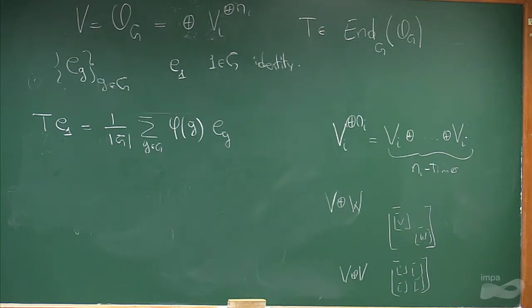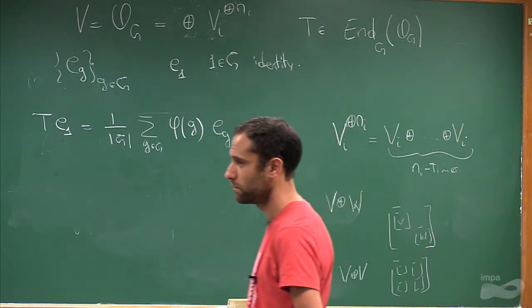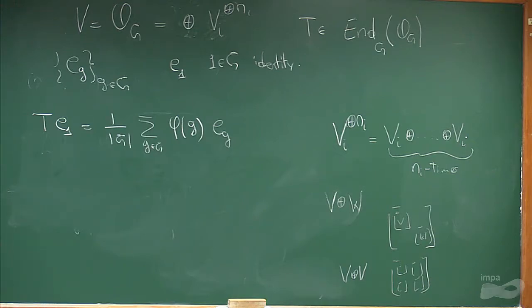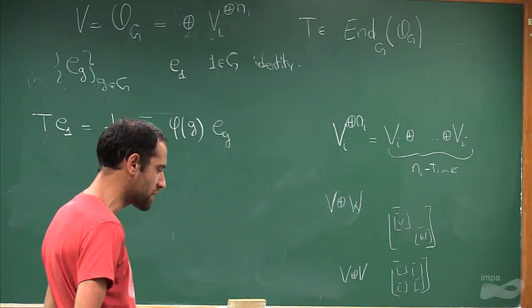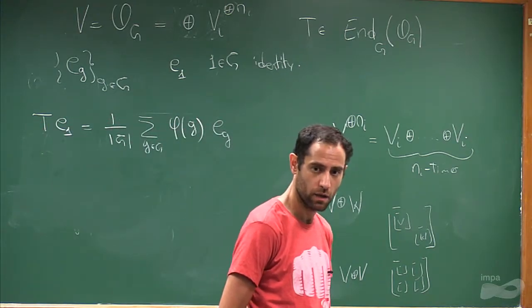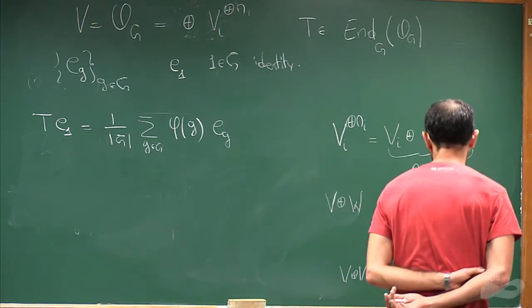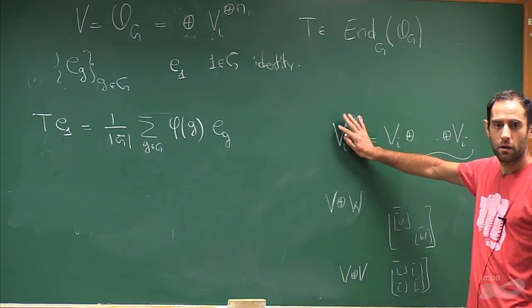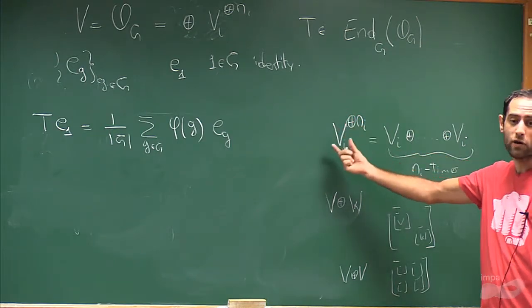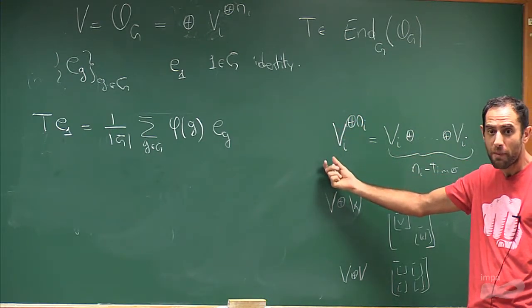So T commutes with each. We can get T restricted to every. It's not clear to me. So what I don't understand is why you cannot restrict T to Vi. You can restrict T to Vi to the Ni. So you can only restrict to this one. Well, you can restrict to one copy of this Vi, but then the image might be in the sum.